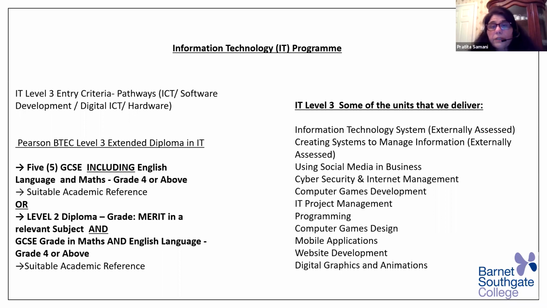So for this unit, a system is created, and an exam. This is an externally assessed unit where students complete this system, and in the exam, questions are based on the system that they've created. So it's an externally assessed unit.